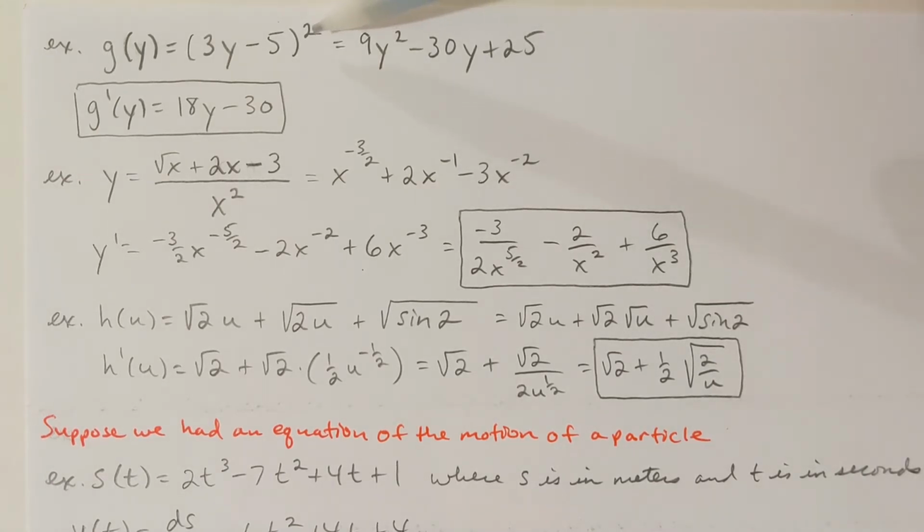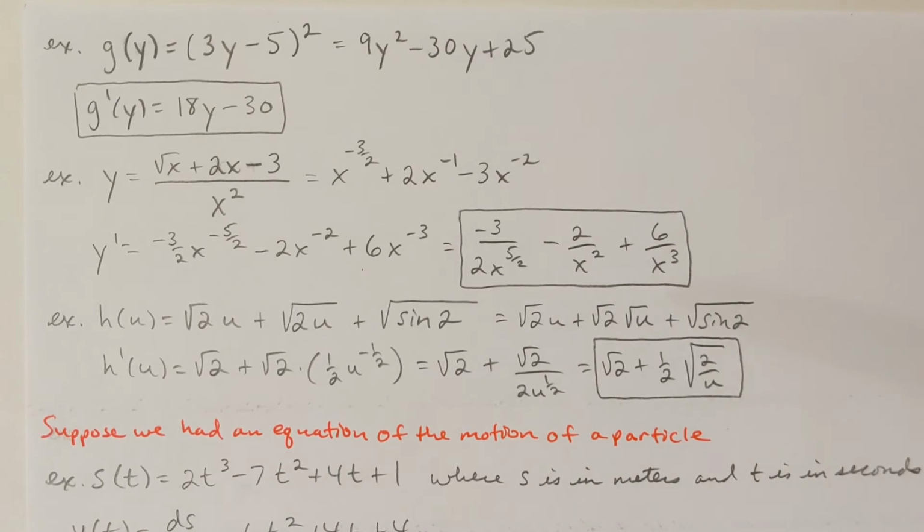But sometimes before you differentiate, you'll want to simplify. Okay, so why don't we go ahead and FOIL this out. 3y minus 5 times 3y minus 5 is 9y squared minus 30y plus 25. Then I can just differentiate each term individually. Okay, and so g prime of y would be 18y to the first minus 30 and then plus 0.